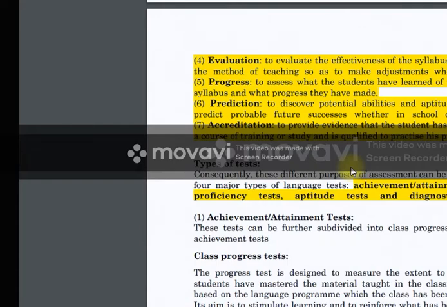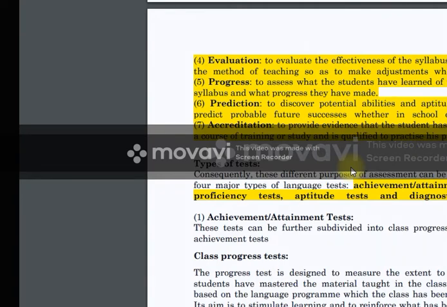And he got 25 out of 50 in speaking. Another student got 50 out of 50 in speaking and 20 out of 50 in grammar.